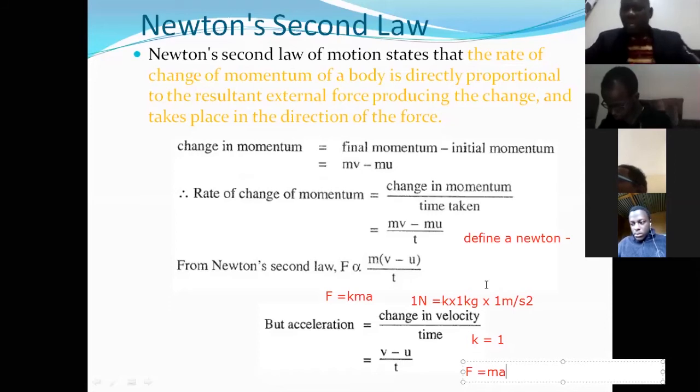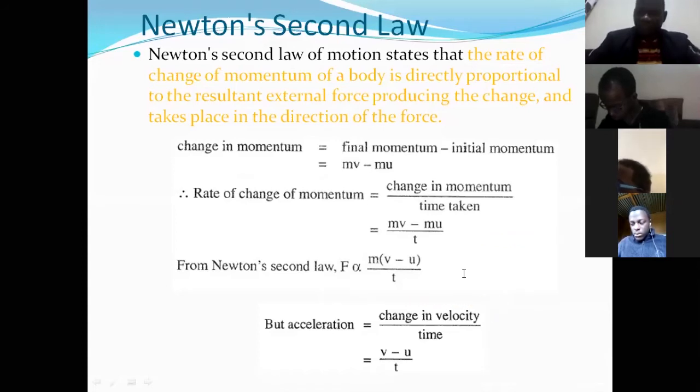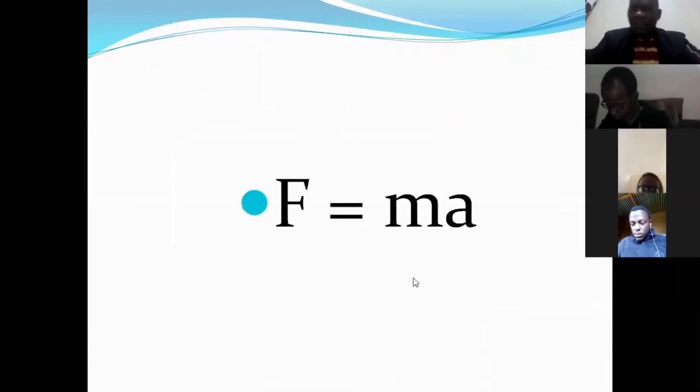That's what we call a Newton. Okay, so that's how we arrive at F is equals to ma.